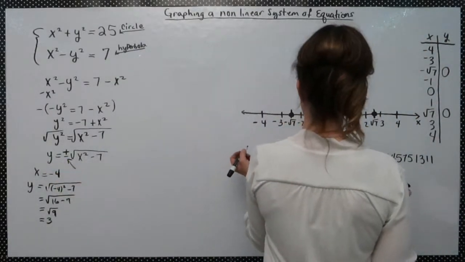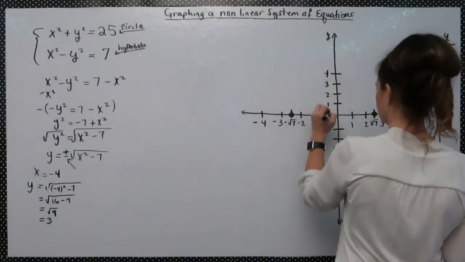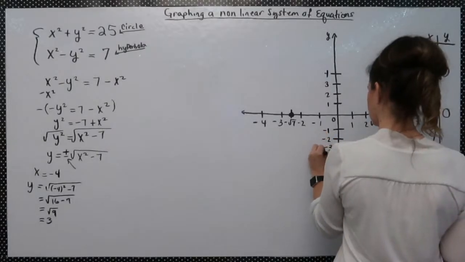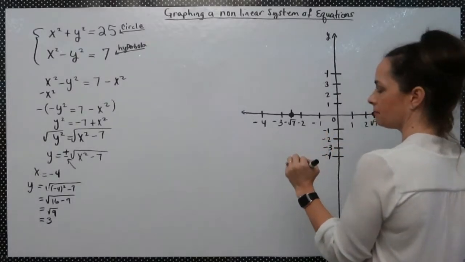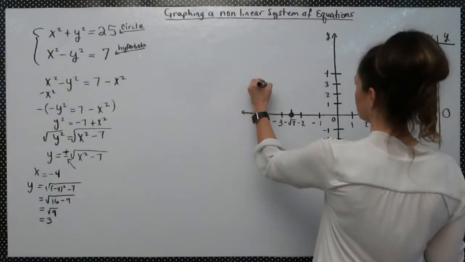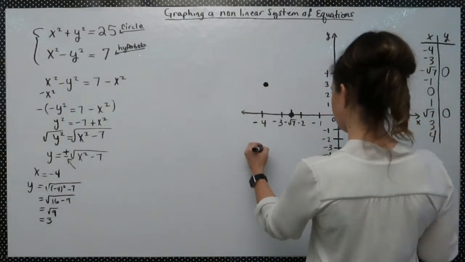Okay. 1, 2, 3, 4, -1, -2. Yeah. So we have +3 and -3 on the graph.